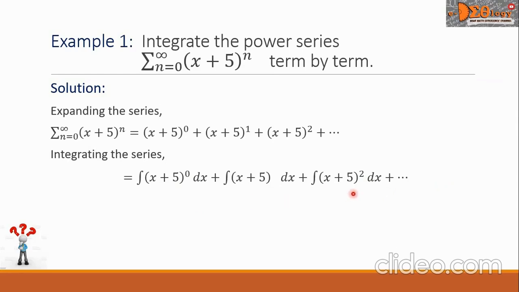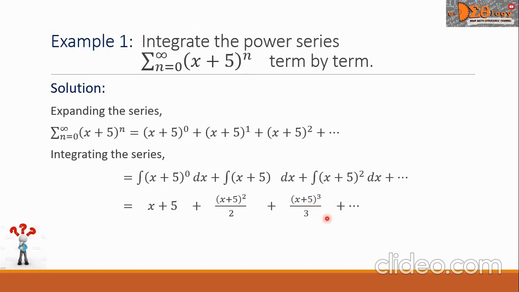When we simplify each of the terms, the first term becomes x plus 5, plus the integral of this becomes the square of the quantity x plus 5 all over 2, plus the integral of this expression now becomes the cube of x plus 5 all over 3, plus and so on.